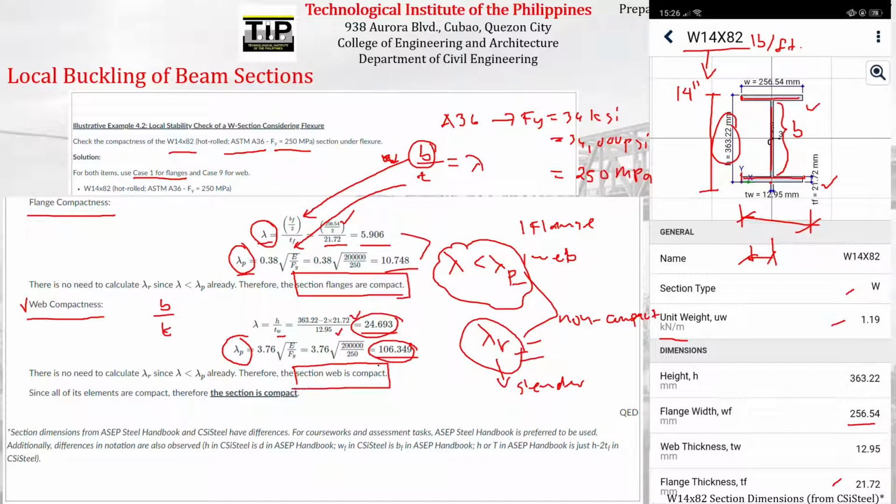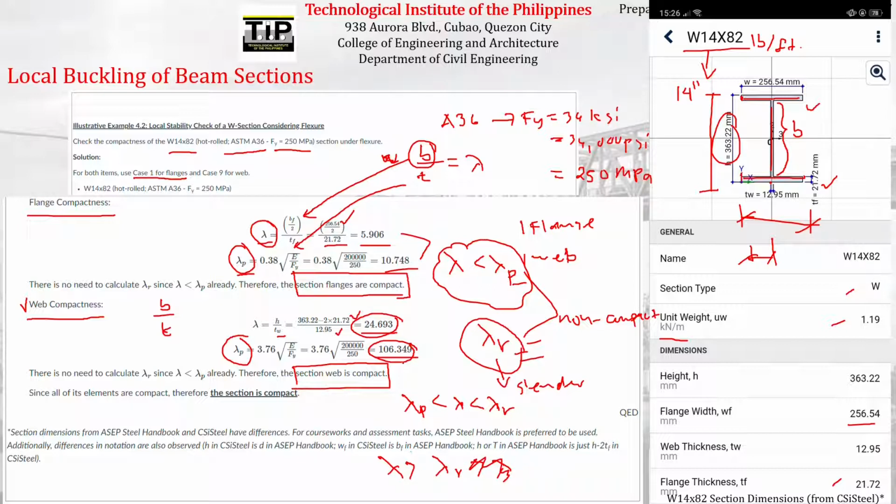Okay? We no longer need to compute for lambda r simply because the width thickness ratio did not exceed lambda p. If it exceeded lambda p, it would either be in between these or larger than this.